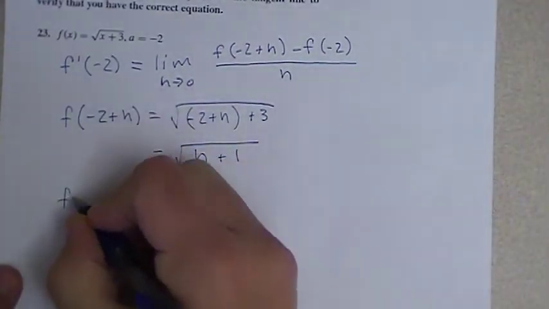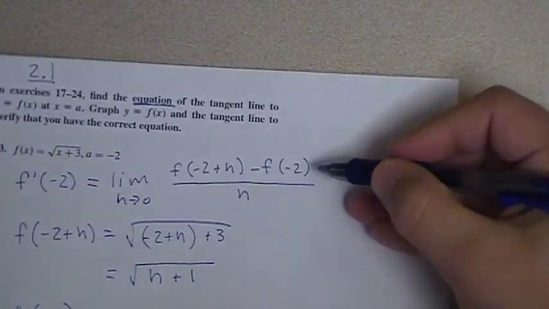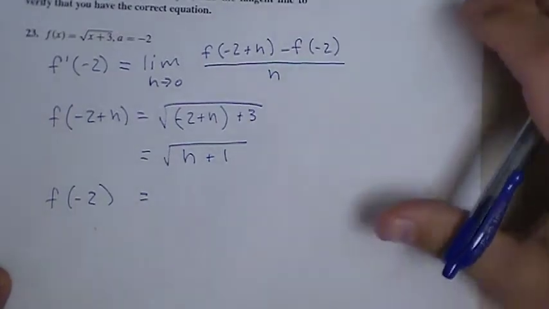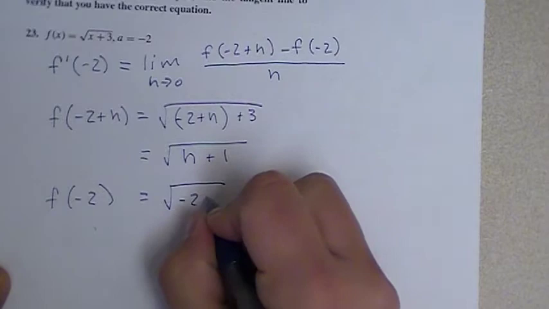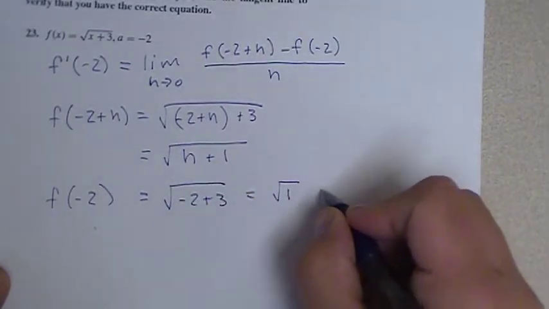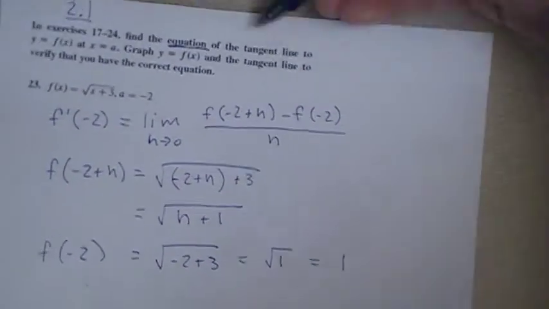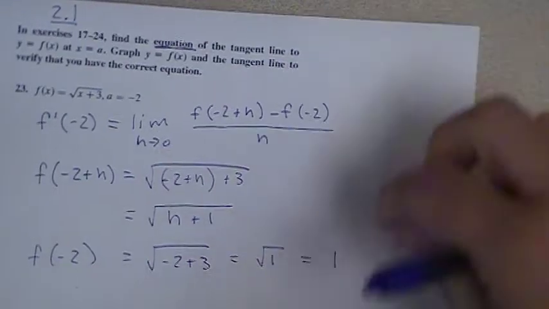And if I wanted to compute f of -2, the other component within this numerator, that's a little simpler because I'm just putting -2 in place of the x in the function. That's the square root of -2 plus 3, which is the square root of 1, which would be 1. So I have the two pieces that need to go into my numerator within this limit, and I'm going to toss them in at this point.